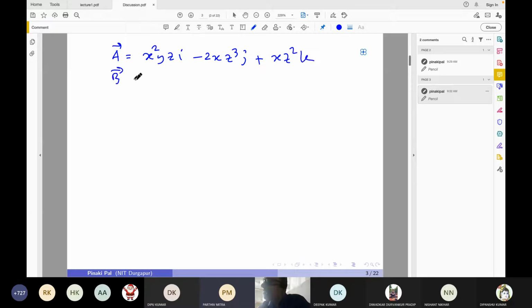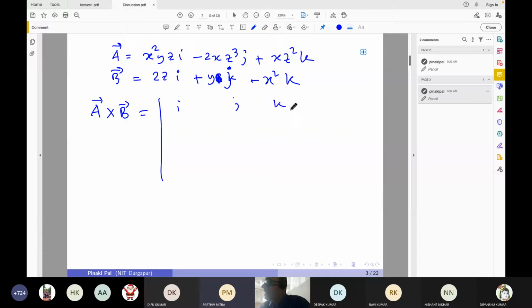And B is 2z i cap plus y j cap minus x square k cap. Only y j cap. Okay, so A cross B you find first. i j k, then x square yz, minus twice x z cube, x z square, then 2z, y, and minus x square.